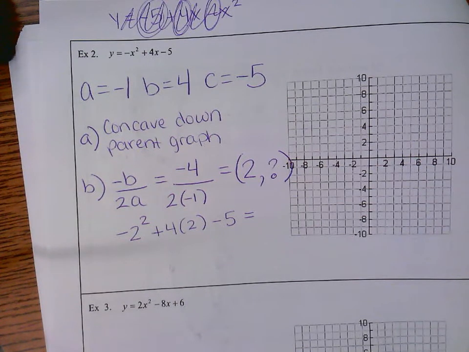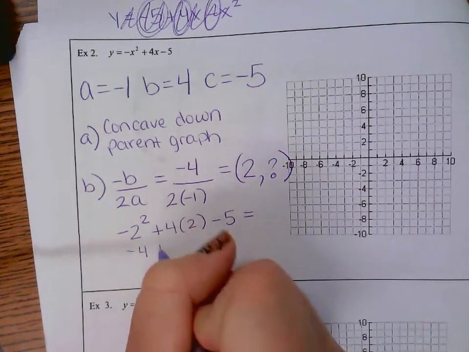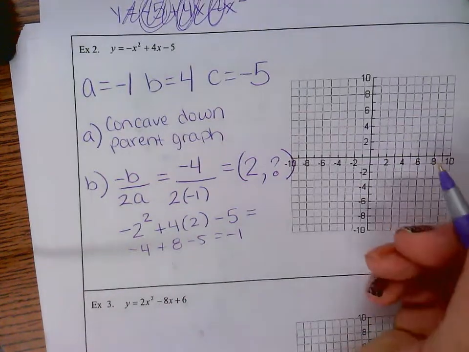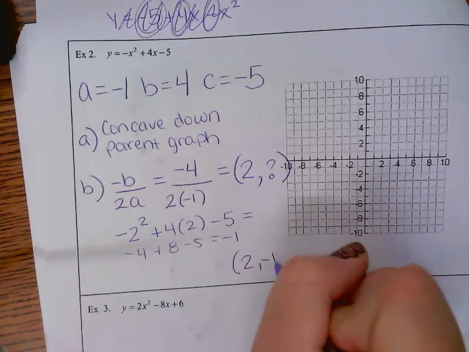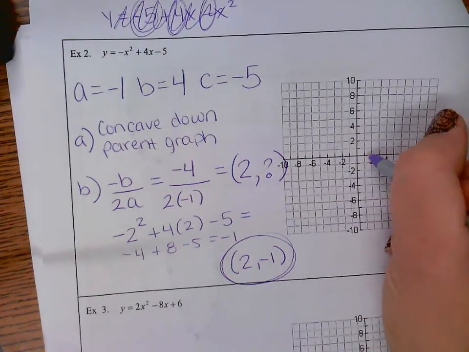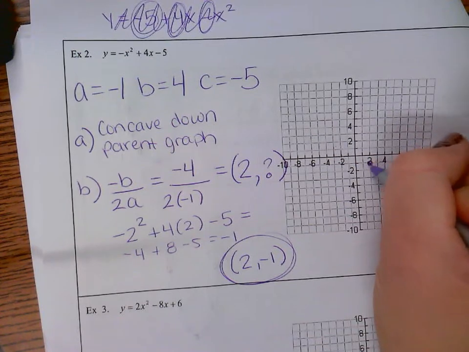Is that what it comes out to? Yeah, because this is negative 4 plus 8 minus 5 is negative 1. Good. So my vertex is at 2, -1. So I can finally plot that 2, -1 on my graph.